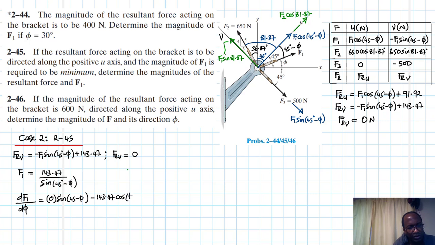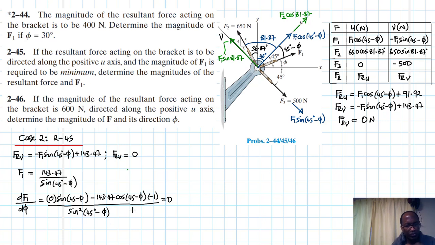So we have cos(45 - phi), and since this is here, we need to use the chain rule when finding the derivative of sin(45 - phi). The derivative of sine is cos(45 - phi), and the derivative of 45 - phi is just minus 1, right? Then everything divided by sine squared. Remember the quotient rule, right? Then this will be equated to 0.